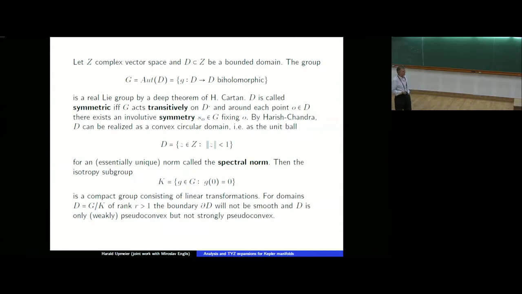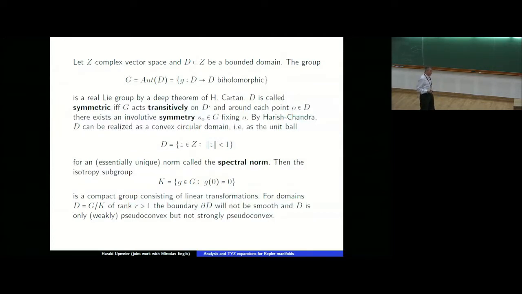It's sometimes called the Hermann convexity theorem, but it's basically the Harish-Chandra realization as a convex circular domain. So it is a unit ball. But be careful, it's not a unit ball of a Hermitian metric, but of a norm. In a norm, it has a non-smooth boundary in general. So this norm is essentially unique. It's called the spectral norm. The notion will become clear in my next example.